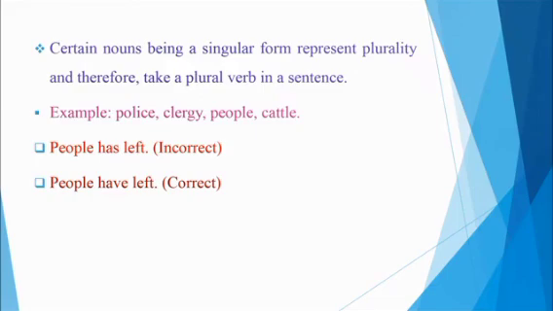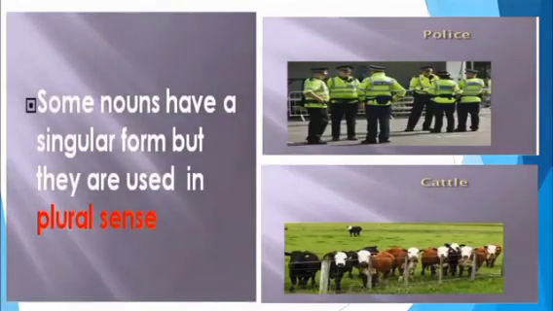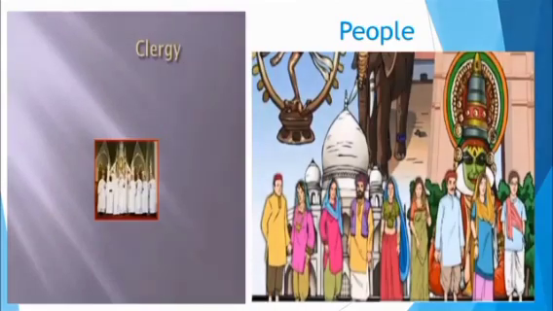Let's see the first sentence. People has left. Is that a correct sentence? No. The correct sentence is people have left. Some nouns have a singular form but they are used in plural sense like police, cattle, clergy, people, etc.